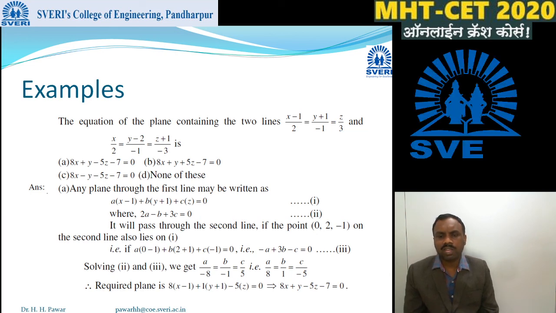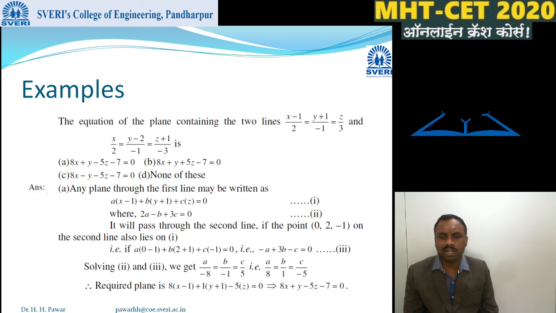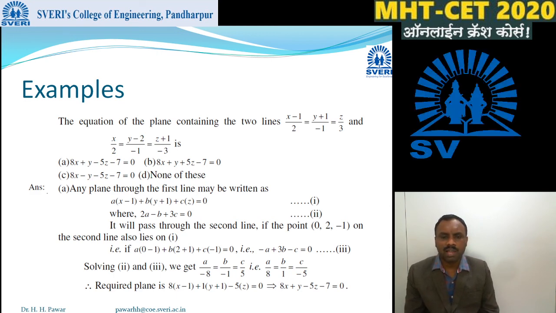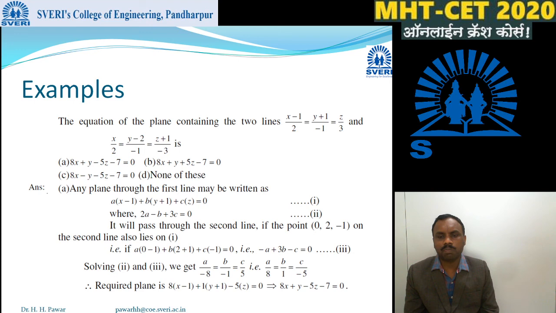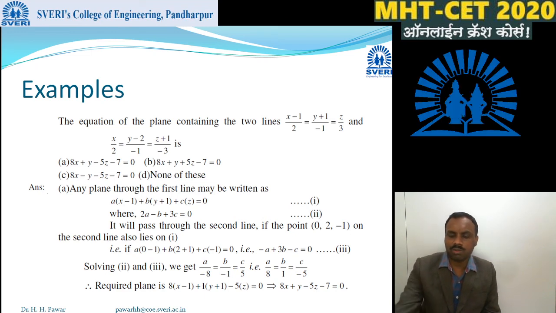So by solving equations 2 and 3, we'll get a/8 equal to b/1 equal to c/(minus 5). Hence the required equation of plane is 8(x minus 1) plus 1(y plus 1) minus 5z, which gives us 8x plus y minus 5z minus 7 equal to 0.